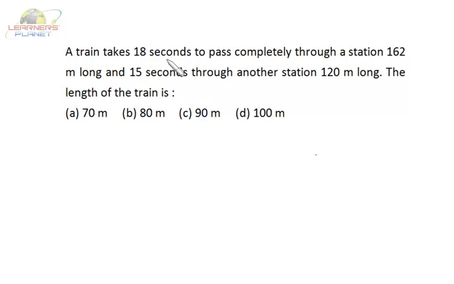Okay. Now the total length which has to be covered is the length of the train plus the length of the station. That is, we assume the length of the train to be x. So the total length in the first case is x plus 162, and the train is covering this length in 18 seconds. This is the speed of the train. Similarly, in the other case, the total length is x plus 120, and the time taken is 15 seconds.